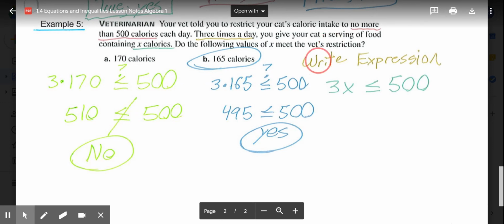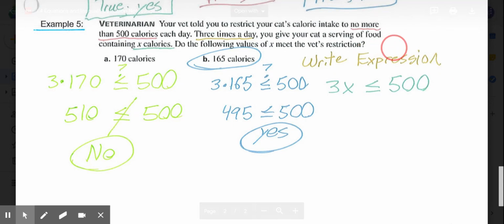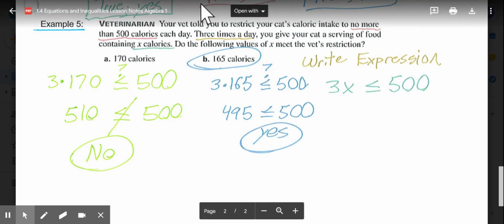So what you want to start with first is writing the expression. In this case, I know I'm feeding the cat 3 times a day, and I know I'm restricted to no more than 500 calories.